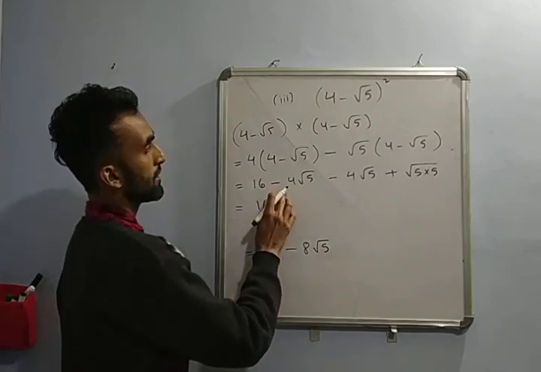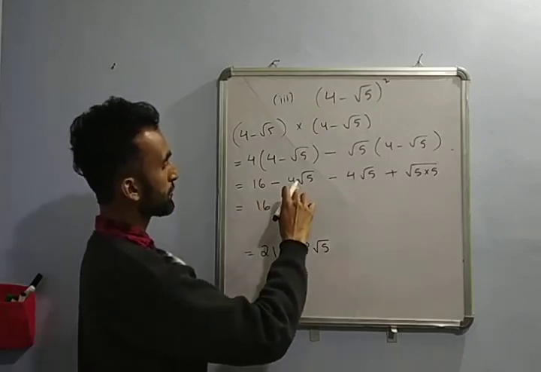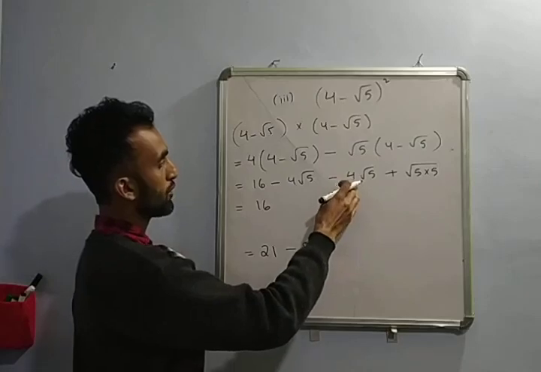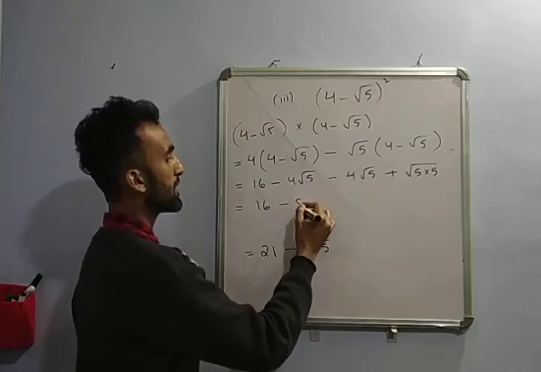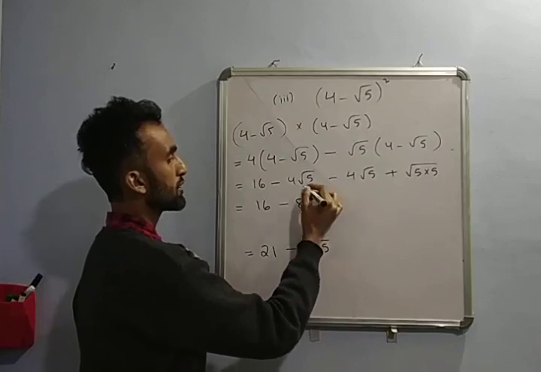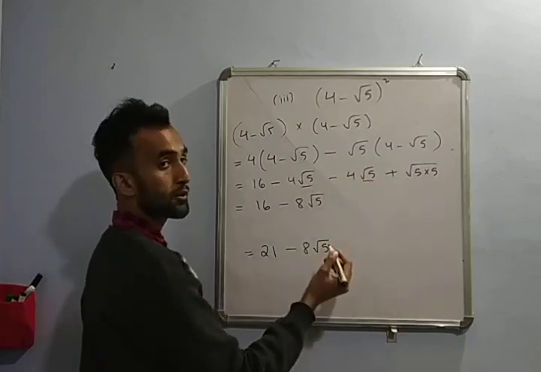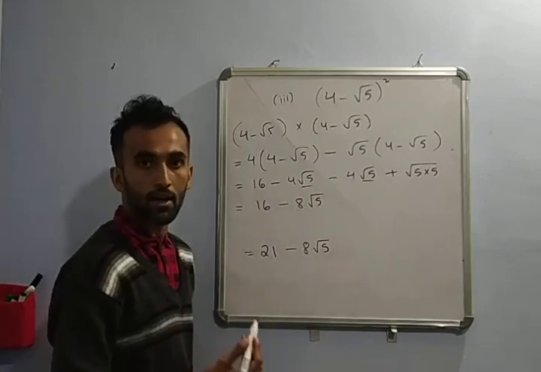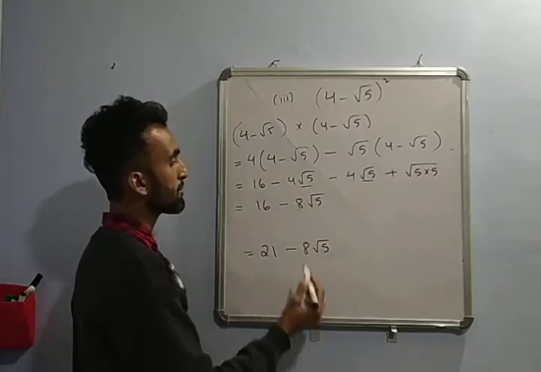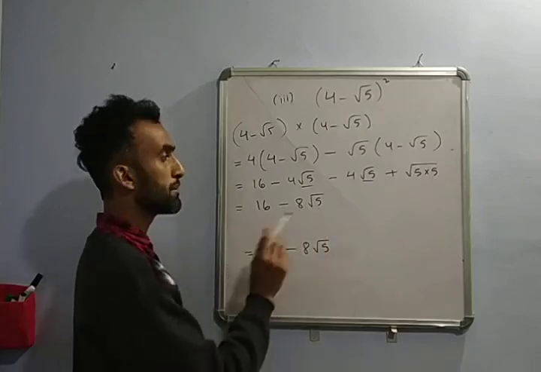16, see this part. It is minus 4 root 5 minus 4 root 5, which is minus 8 root 5, because this also is root 5 and this also is root 5. So I can combine. The minus and minus we add, but the sign is minus: minus 8 root 5. Multiplication is already over.